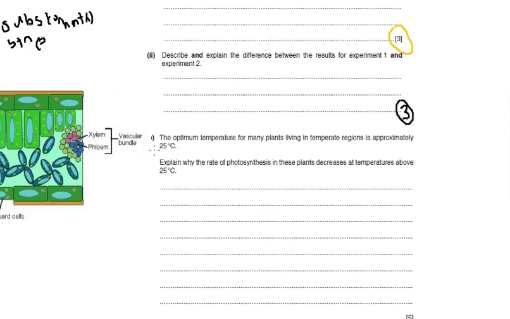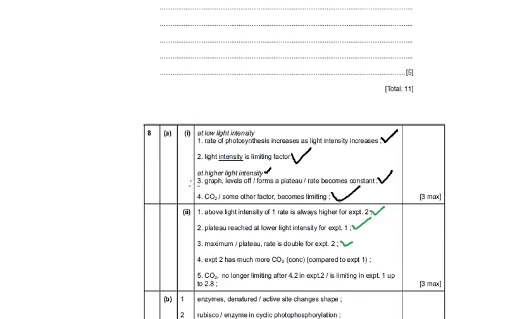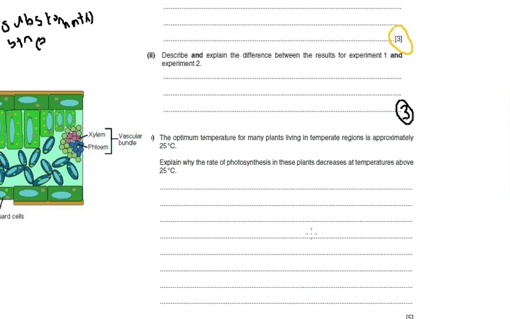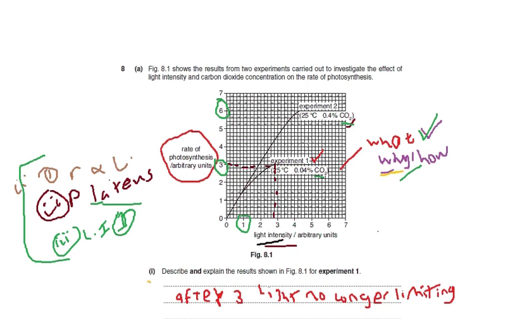Experiment 2 has much more carbon dioxide compared to 1. Carbon dioxide is no longer limiting after 0.4 in experiment 2, while in experiment 1 it is no longer limiting at 0.04.